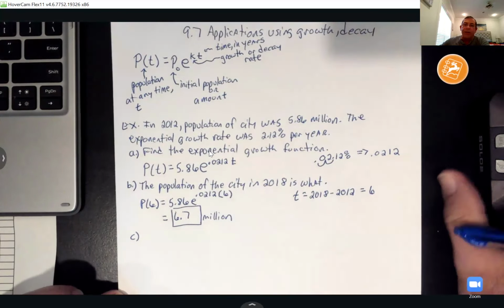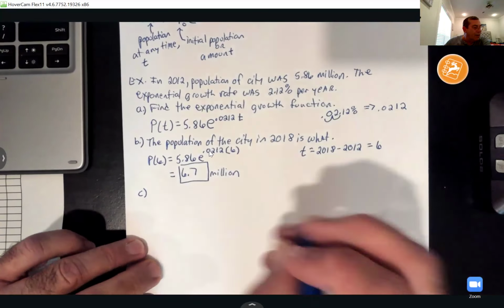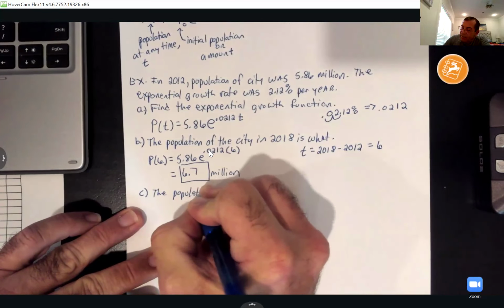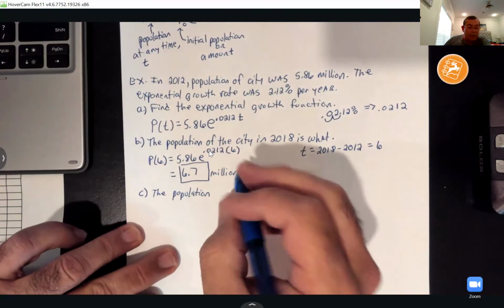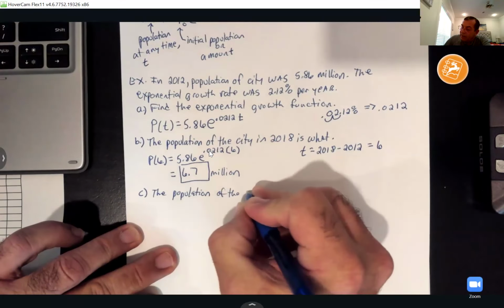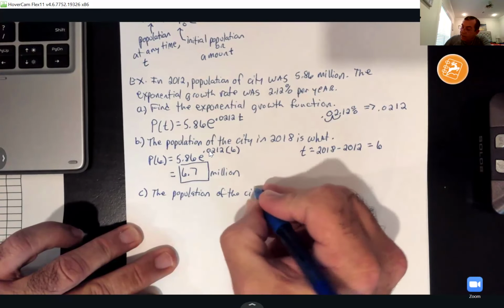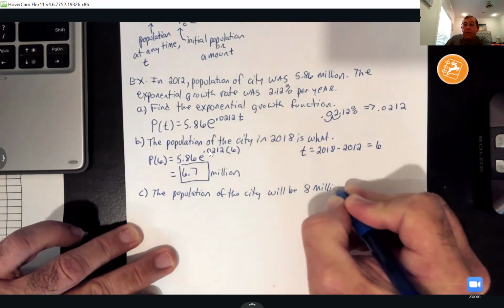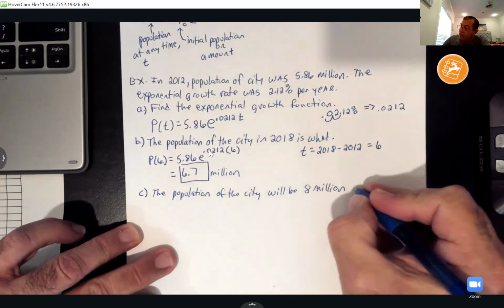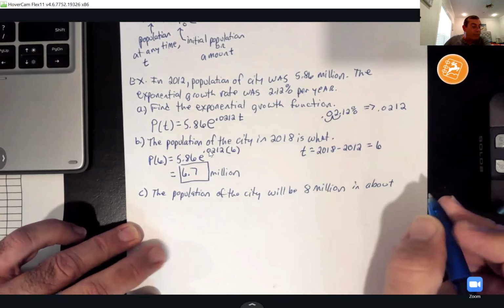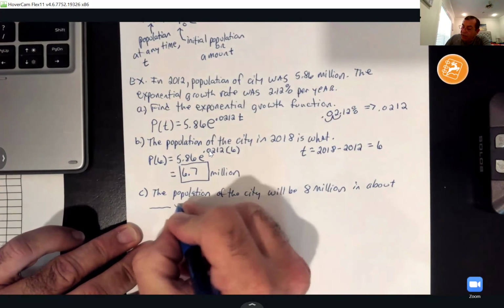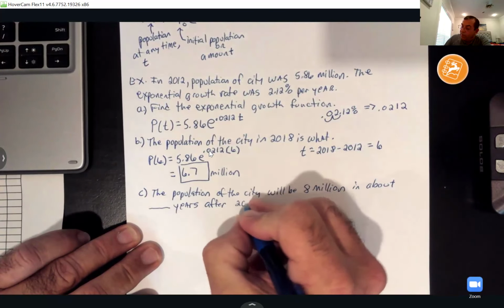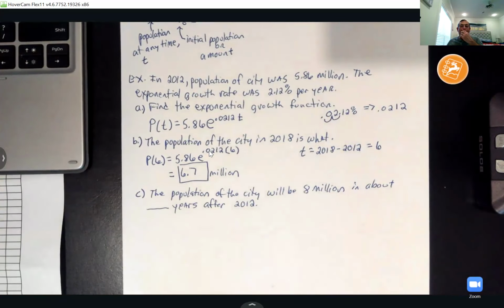So now here's a little trickier part of this question. They say the population of the city will be 8 million in about blank years after 2012.